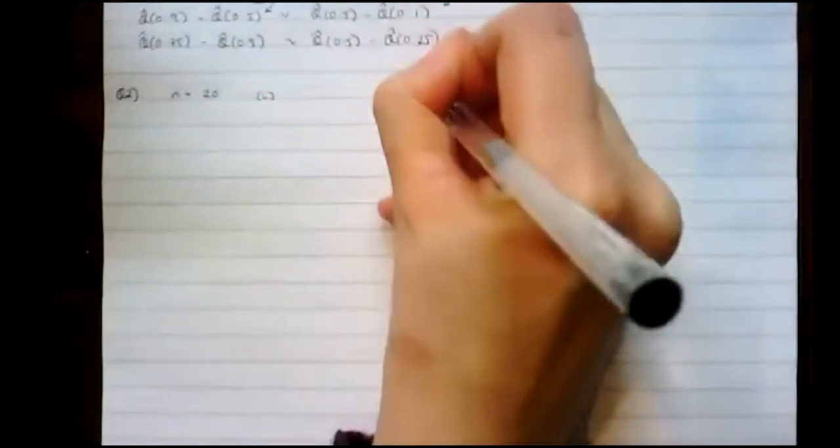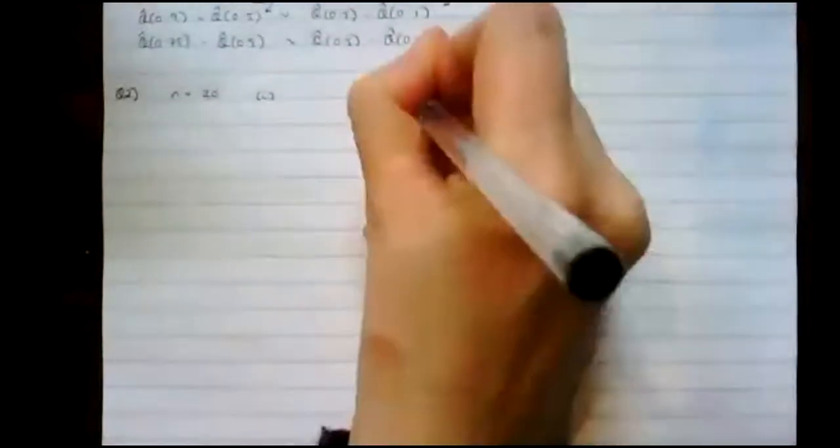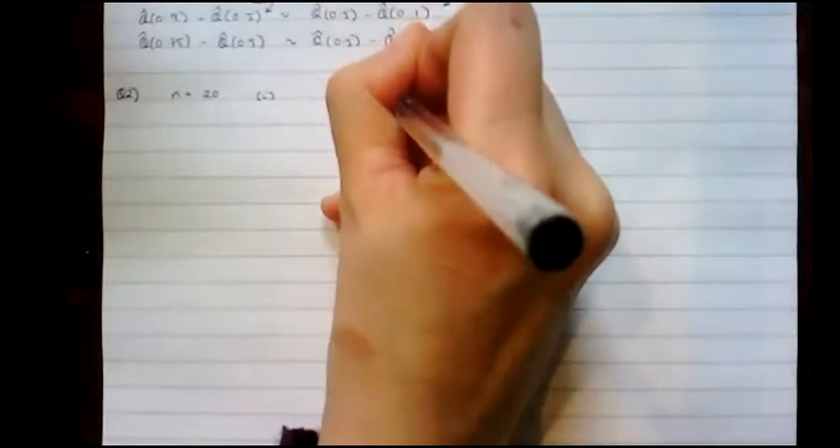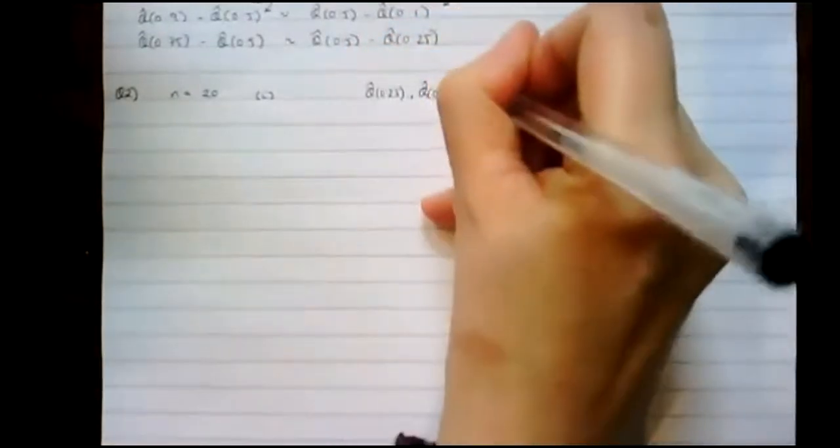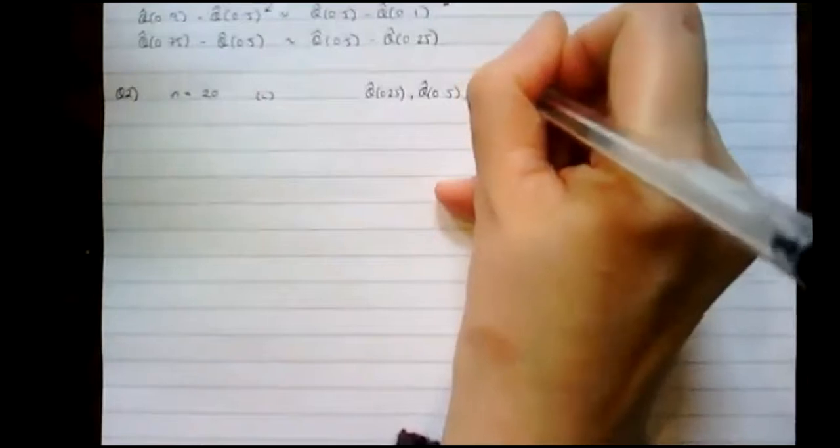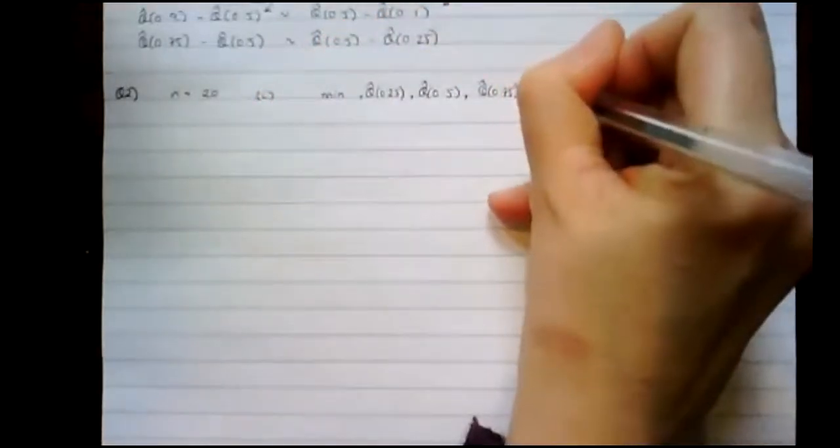The middle element of the 5 is the median, the 50th percentile. Then we also have the other 2 quartiles, the 25th percentile and the 75th percentile, so the first and the third quartile. And we also have the minimum value and the maximum value.